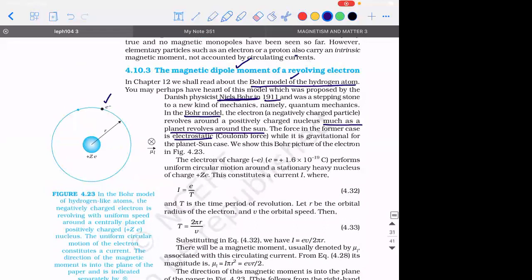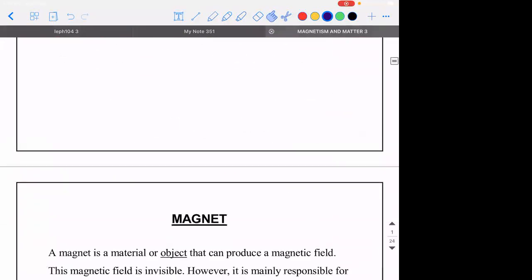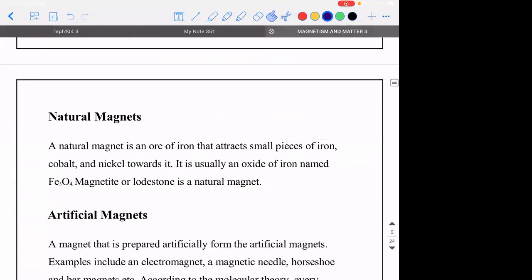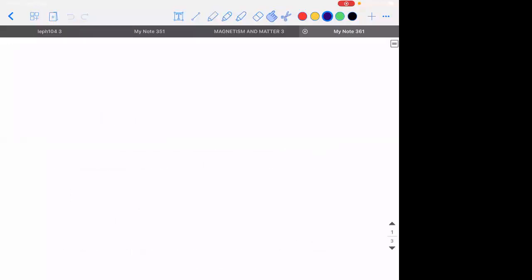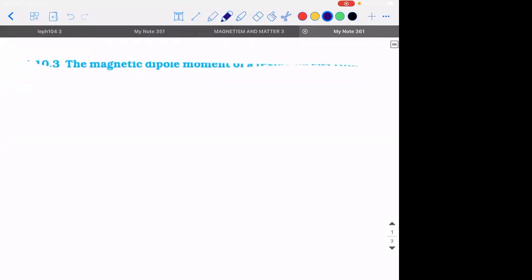So please write down the heading: the magnetic dipole moment of a revolving electron. And this is a derivation.